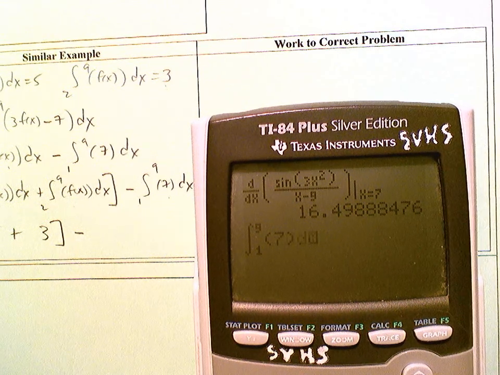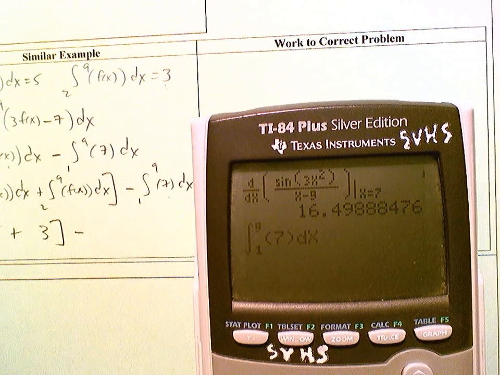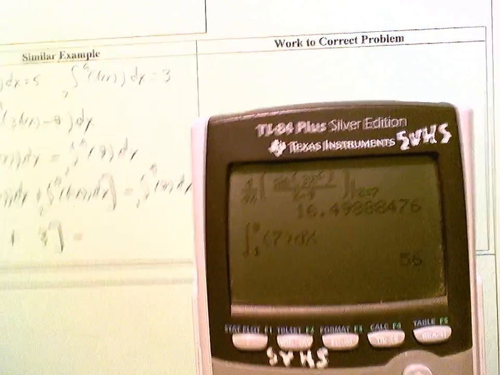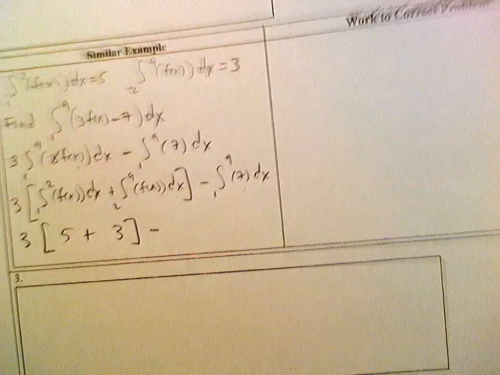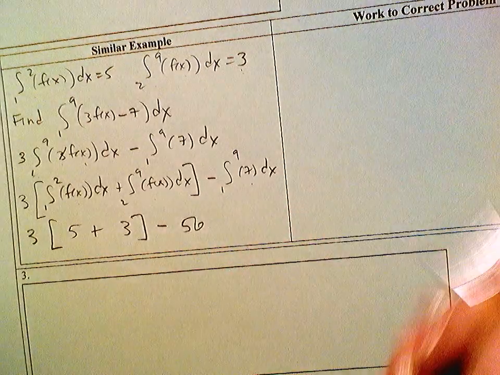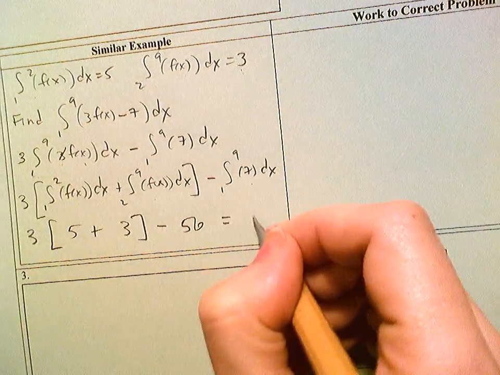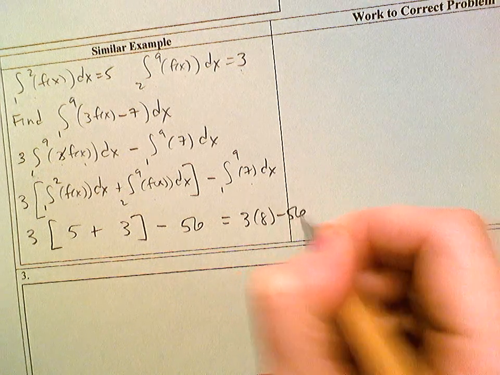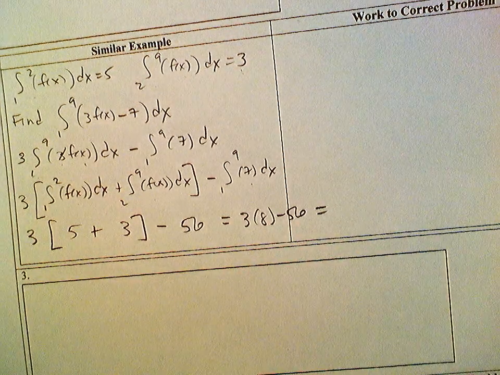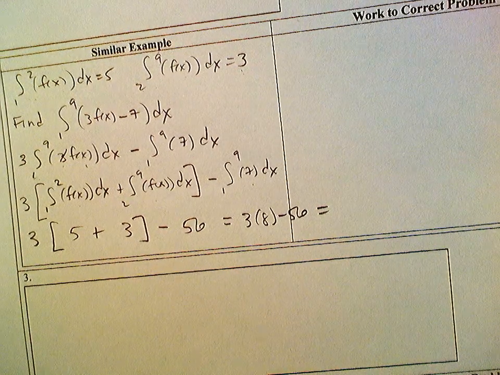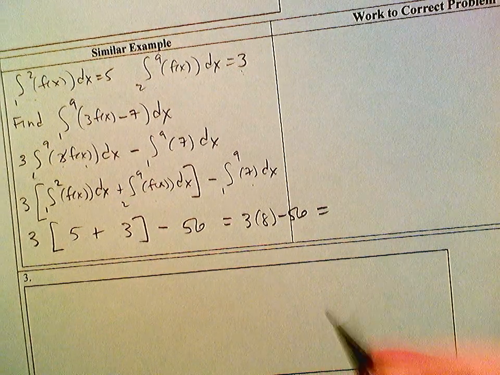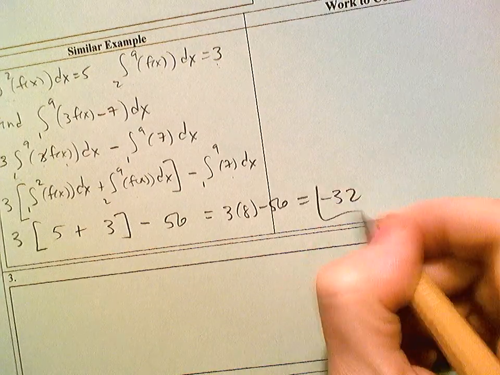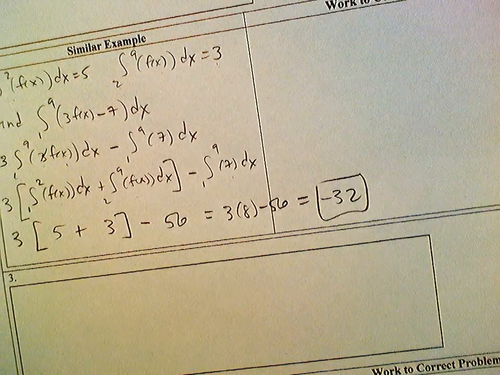Anything you could do to save yourself time is great. So 56. This is 3 times 8 minus 56 equals, so 3 times 8 is 24. 24 minus 56 is negative 32. So that would be the answer.